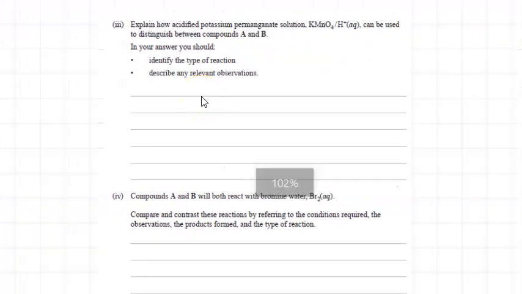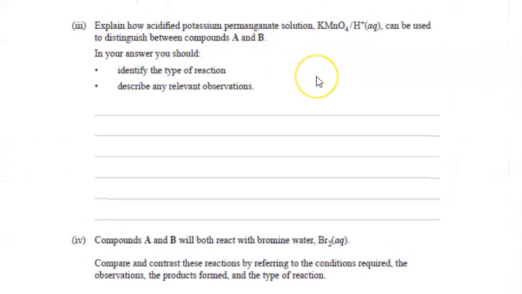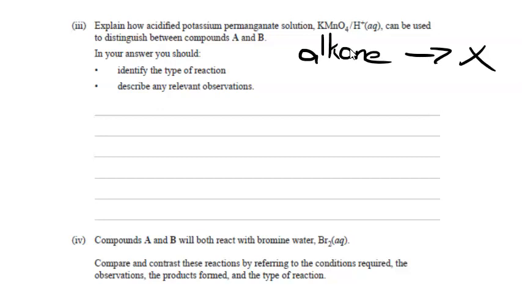Okay, explain how acidified potassium permanganate solution can be used to distinguish between compounds A and B. So we've got an alkane which cannot be oxidized, and we've got an alkene which can be oxidized into a diol.